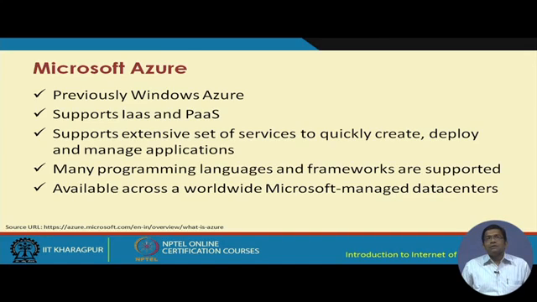So this paid software, Microsoft Azure, comes with platform as a service in addition to infrastructure as a service. It supports an extensive set of services to quickly create, deploy and manage applications. There is support for many programming languages and frameworks on the Azure platform, and it is available across worldwide Microsoft managed data centers.